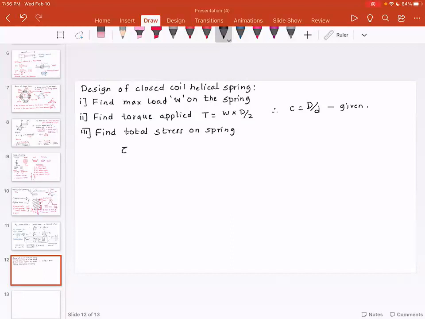So you can find out tau total is equal to 8WD divided by pi d cube times (1 plus 1 divided by 2c). So this equation is when we neglect 3D forces and curvature effects.